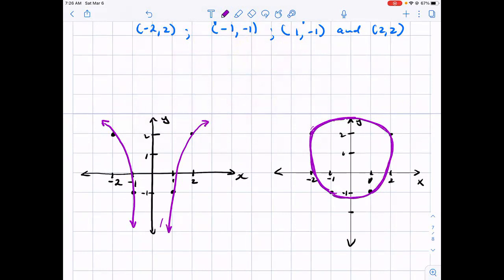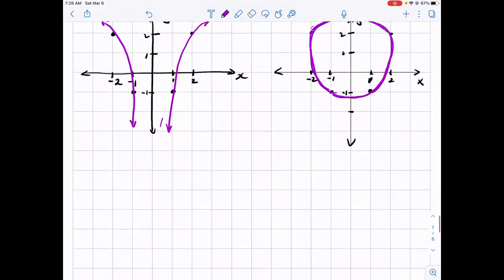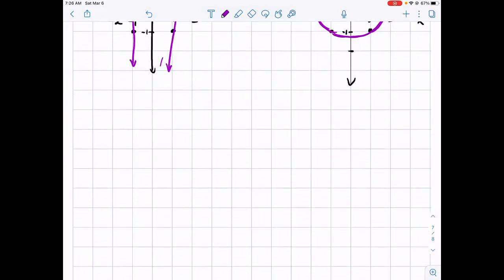Or we could have got what we actually obtained above. So because of this, it could lead to different graphs. So you have to be very careful.